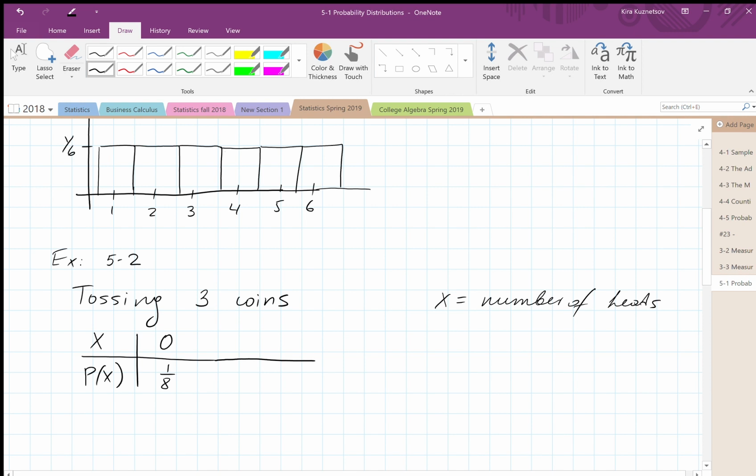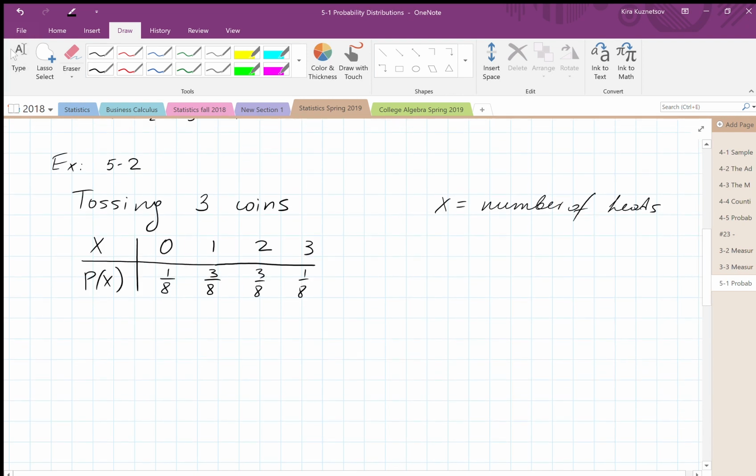So in order to figure this out, you draw a tree diagram. But for this example, I just want to give you those probabilities. The probability of getting one of those 3 coins to be heads is 3/8. 2 is the same thing, and 3 is back at 1/8, because getting 0 heads or 0 tails should be the same probability.